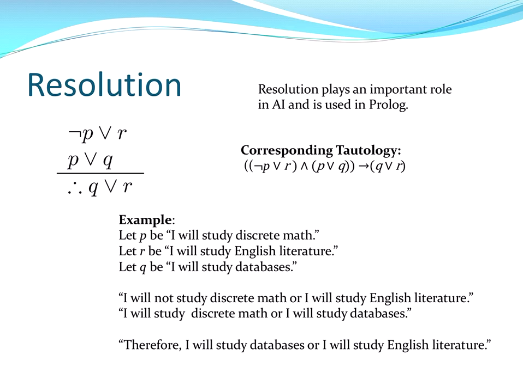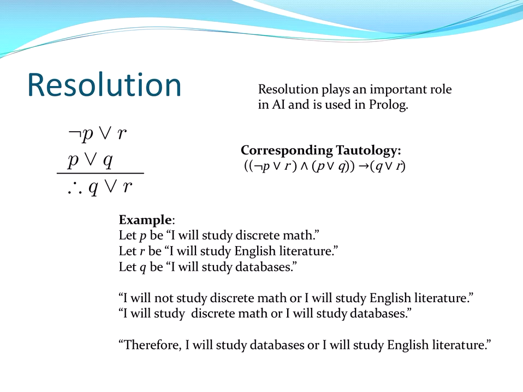All right, so P is I will study discrete math, R is I will study English literature, Q is I will study databases. My premises are I will not study discrete math, or I will study English literature. And the second premise, I will study discrete math, or I will study databases.